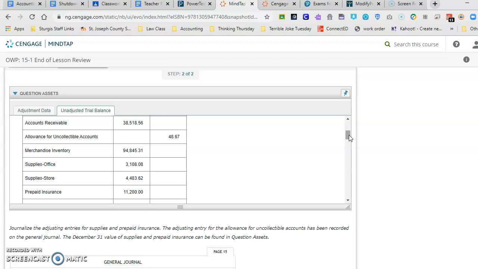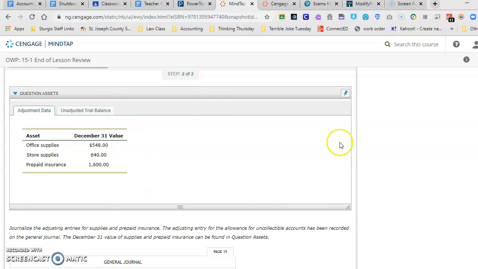That's what my account is saying right now. Store, I have $4,483.62, and prepaid insurance, I have $11,200 left.